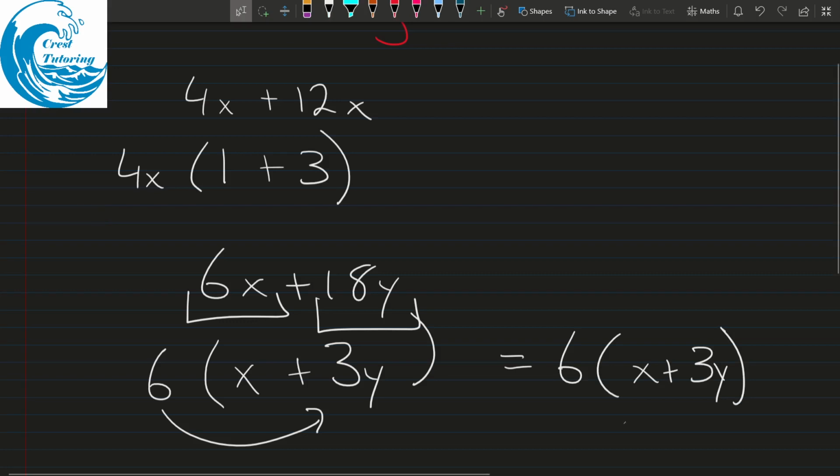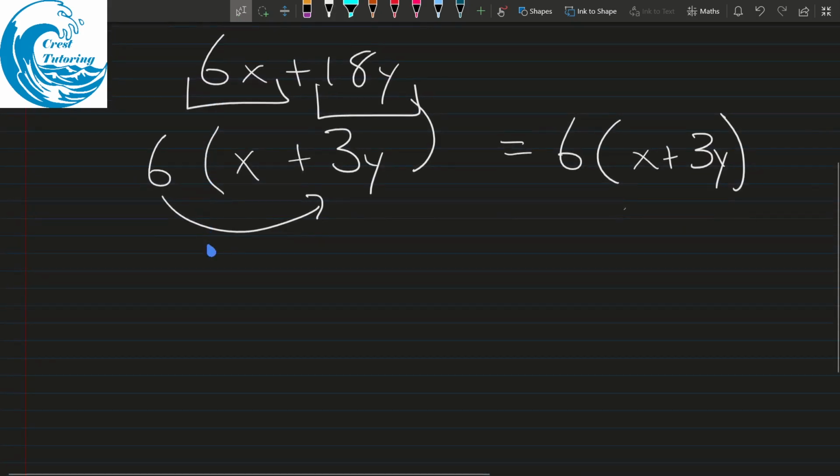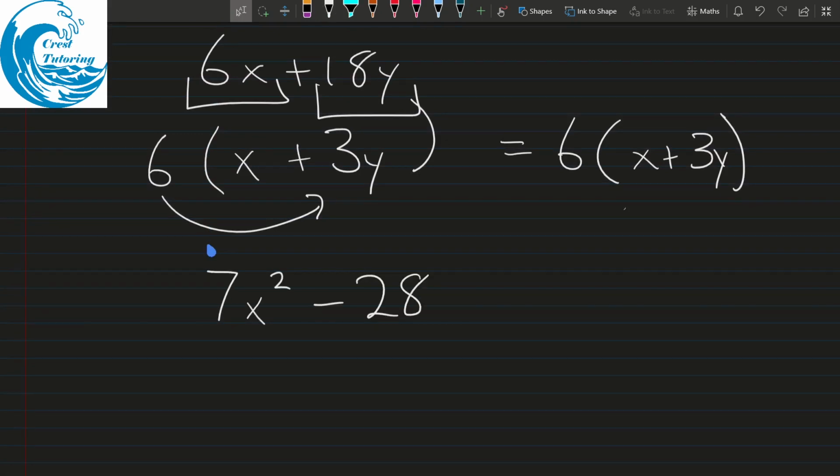Okay, so the only other way that they can get asked that might be slightly difficult would be if it was like 7x squared minus 28x. So when you have an x squared and an x, you can only take out one of the x's. So we'll say I take out 7x here.